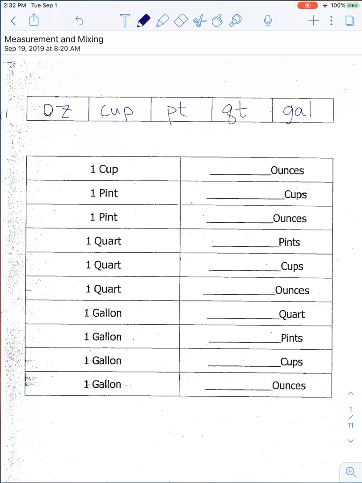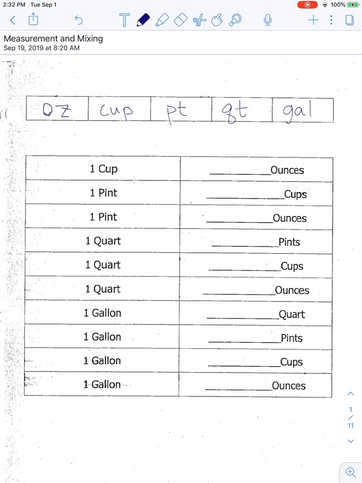So going back to here and thinking about that diagram, there were 8 ounces in a cup. There were 2 C's inside each of the P's. So that would mean that there would be 16 ounces in a pint. Kind of follow along that thought process. We know from the picture that there are 2 pints in a quart. So if each one of those 2 pints has 2 cups in it, there would be 4 cups in a quart.